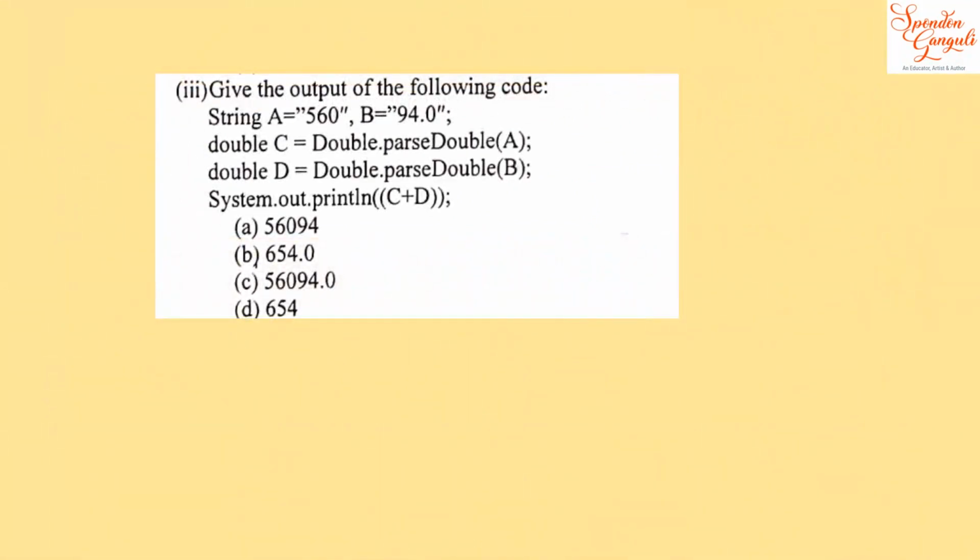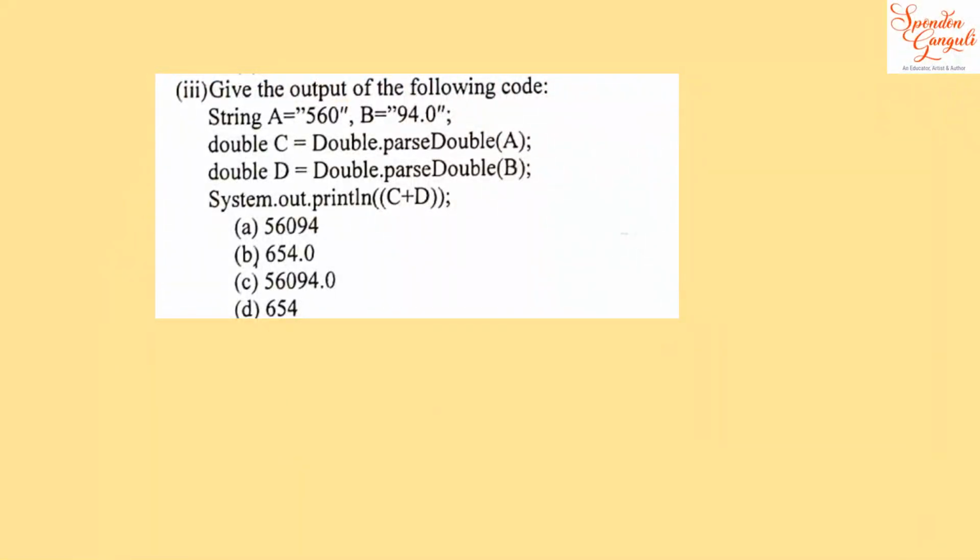Next, give the output of the following code. String A equals within double quotes 560, B within double quotes 94.0. Double dot parseDouble of A and Double dot parseDouble of B, which are stored in C and D, followed by System.out.println C plus D. The options are given as shown.